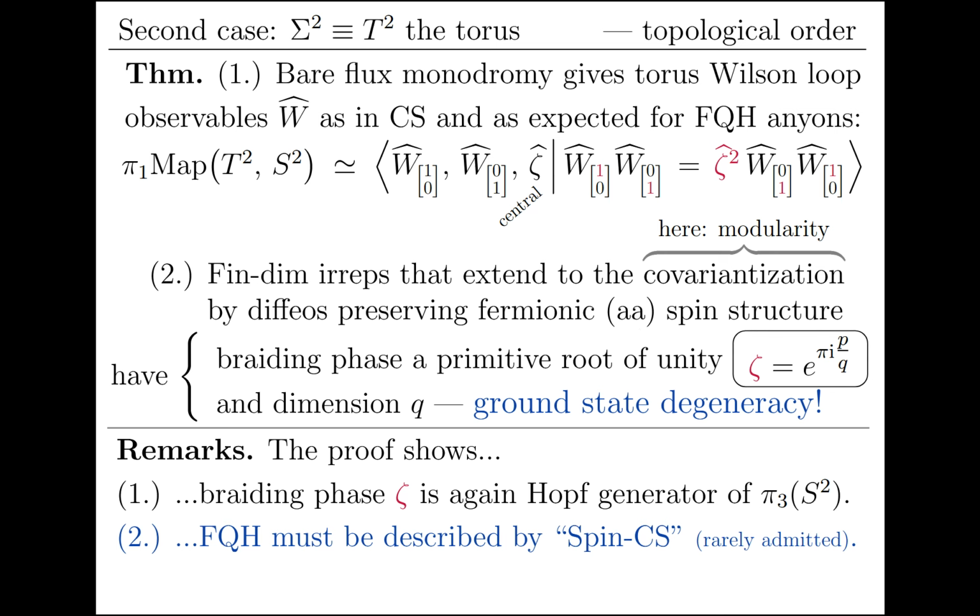If you don't do that, if you consider the full modular group, which is the spin diffeomorphism group of the PP, the periodic spin structure, then you find that zeta is furthermore constrained so that either p or q, they have to be coprime of course, but either p or q then has to be even. And that turns out to be exactly the right condition for bosonic FQH systems. This is maybe a little known fact.